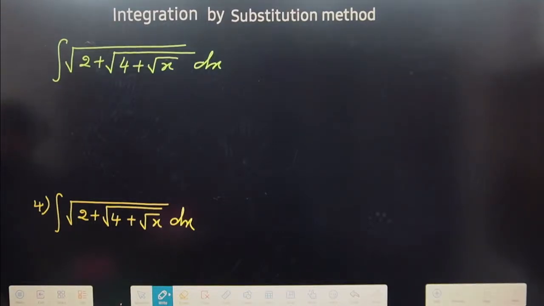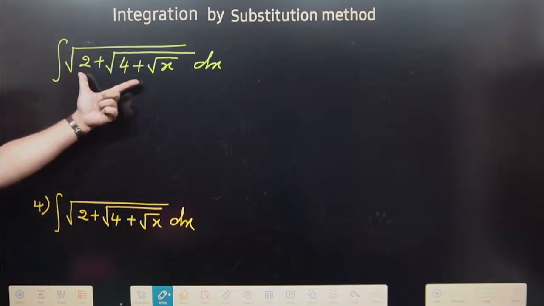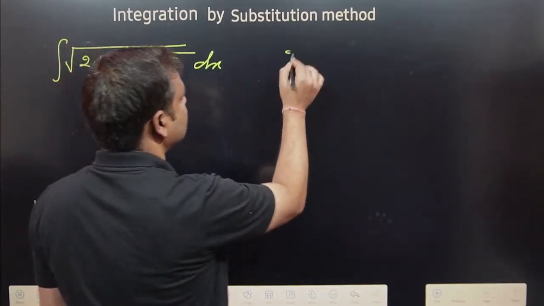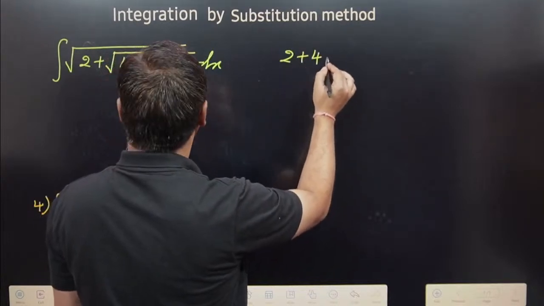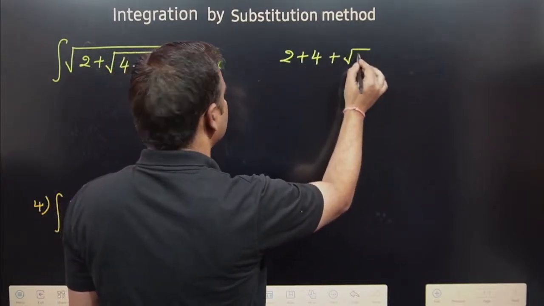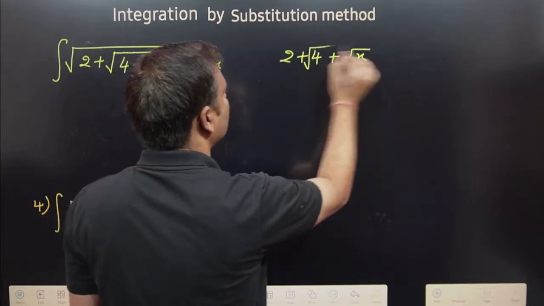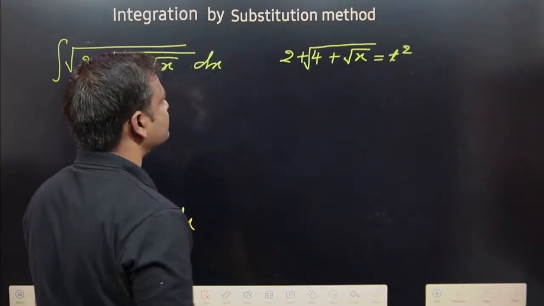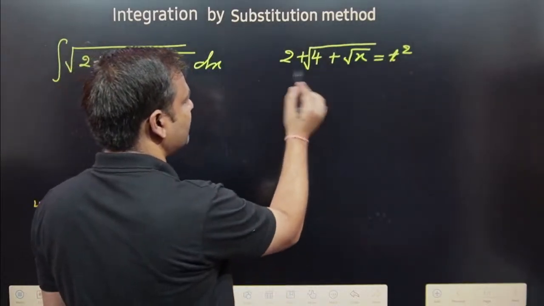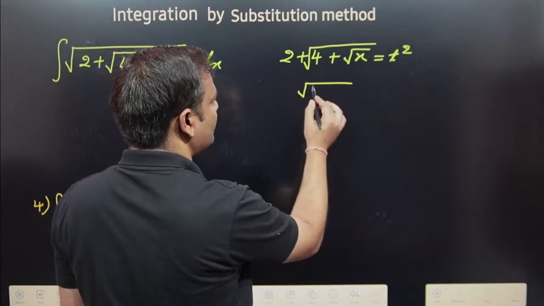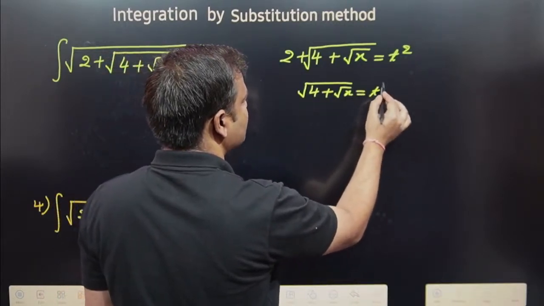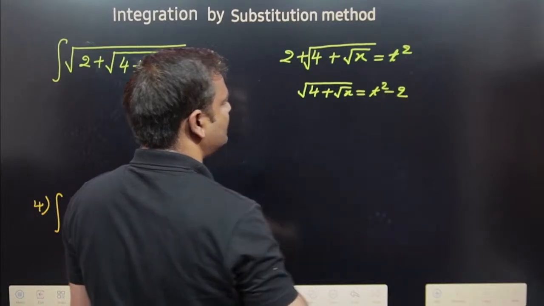Simply look, if this one is taken as t square, 2 plus under root 4 plus root x is t square, then root 4 plus root x is t square minus 2.